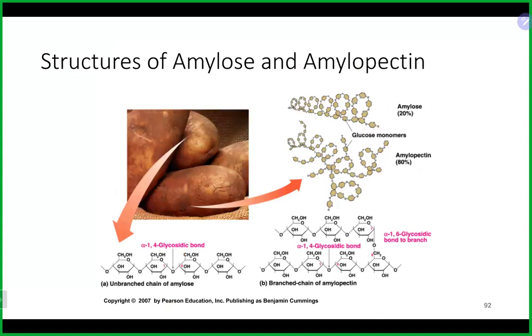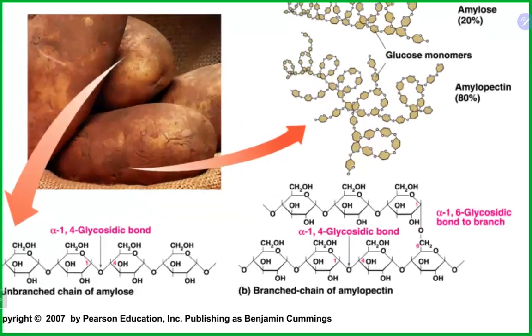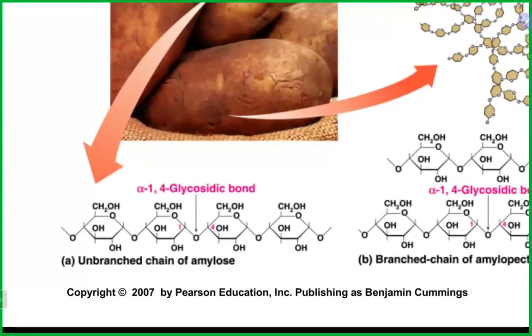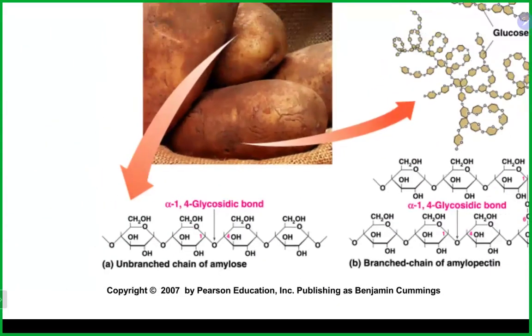So let's talk about the structures of amylose and amylopectin from our baked potatoes, perhaps. Here we have amylose, which again, these are all glucose molecules put together. It is a straight unbranched chain, just a long straight chain of these together.